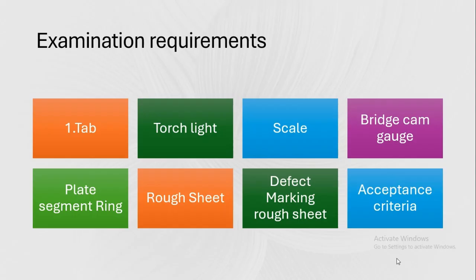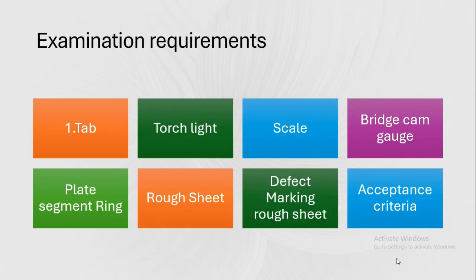I have heard this from many people. They will provide a rough sheet where you can work out any calculations for the general papers, and a defect marking rough sheet for the practical examination. You should mark the defects and acceptance criteria in the rough sheet, and after that feed them into the tab.